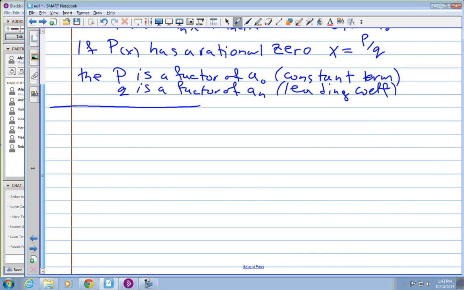I'm going to give you a polynomial equals 3x to the 4th minus 11x cubed plus 10x minus 4.